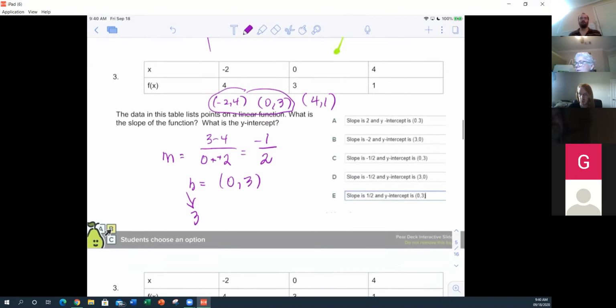Okay, so can we write an equation of a line if we know the slope and the y-intercept? Yeah. What is it? -1 over 2 x plus 3. Yep.